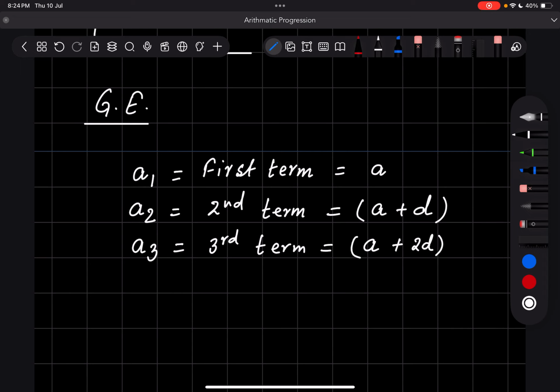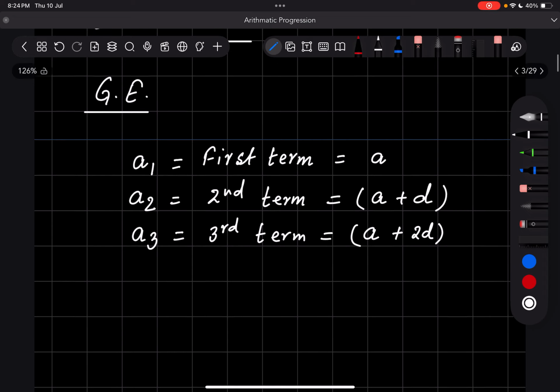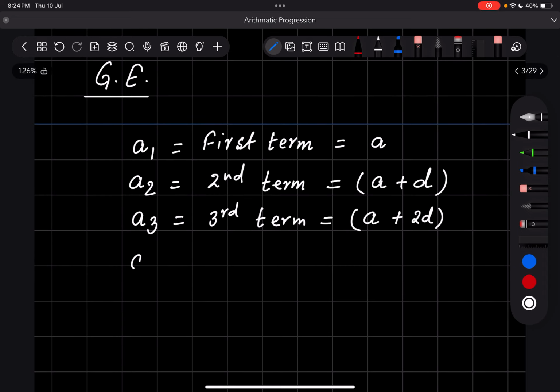So what we can observe here is that if you are supposed to write the nth term of an AP, you will have an equation of a plus n minus 1 into d.